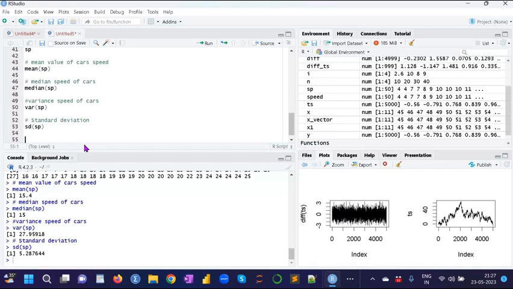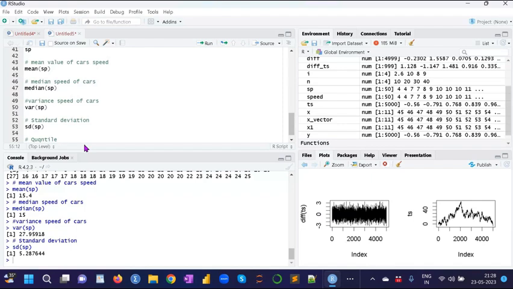And next is quantile. Quantile gives the probability, like 0.25, which means 25%. If it gives 0.50, it means 50%, and if it gives 0.75, it means 75%.